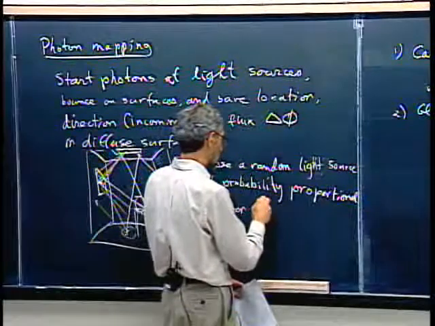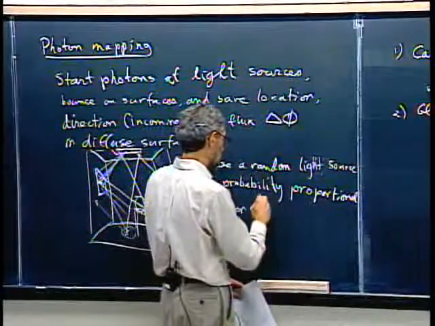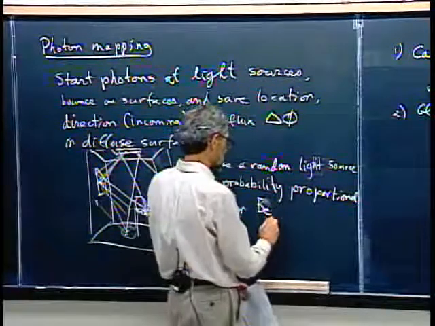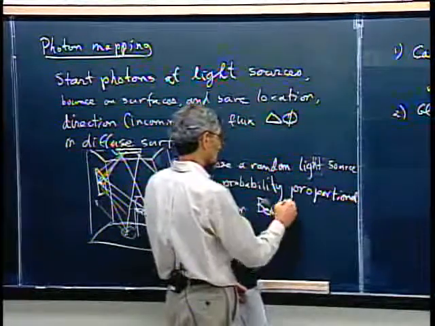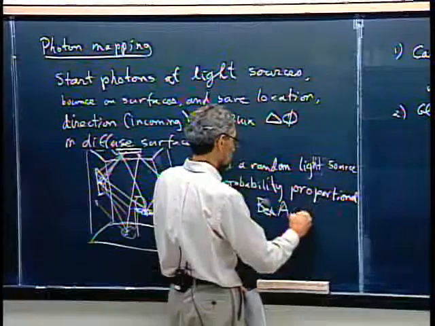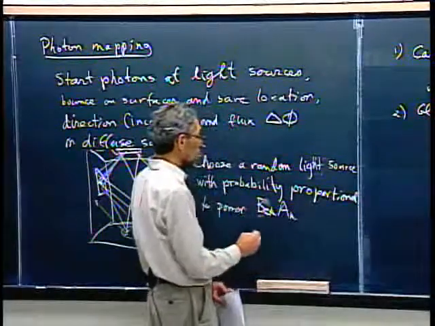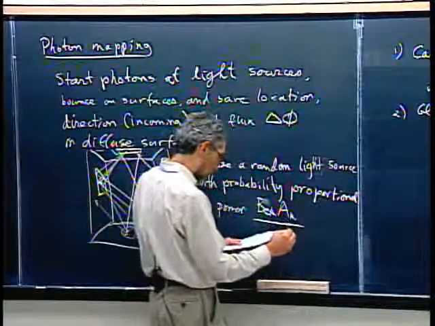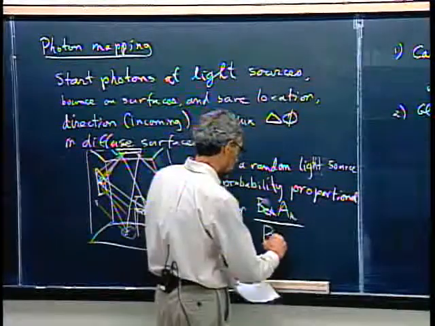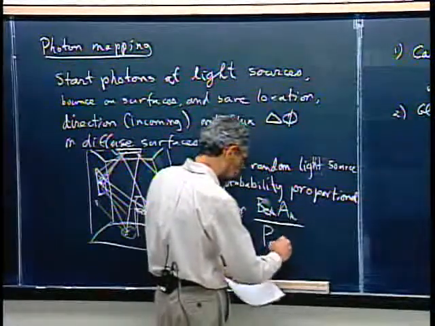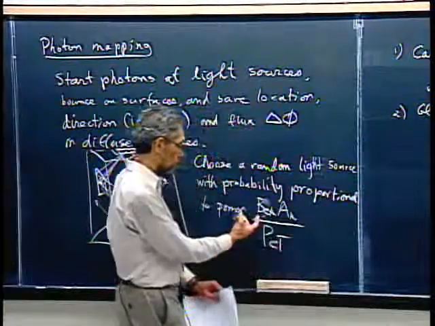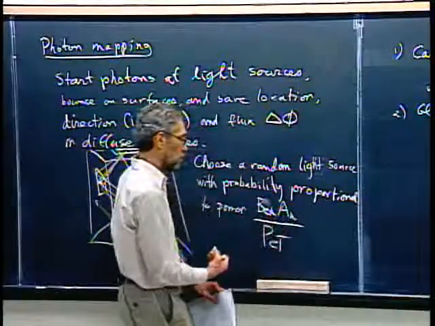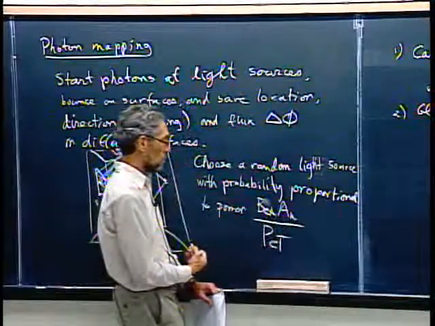So the power is, say, the radiosity, if it's a diffuse emitting light source, B_E, say for the kth light source, times the area. And if it's going to sum to 1, you've got to divide it by the total power emitted, P_ET is what they call it in the book. So that's the sum over all light sources of their radiosity times their area, which is the power.